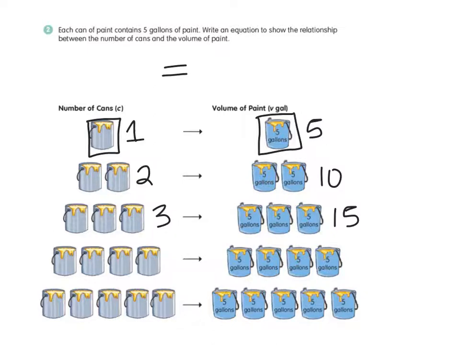If I want to write down an equation, remember equations have to have an equal sign. If I want to write down an equation for the number of cans and the volume of the paint, I'm not going to say that the number of cans is equal to the volume of the paint because 1 is not equal to 5. I'm going to have to add or multiply or subtract or divide or something in my equation. What kind of an equation can I write here that's going to relate some of these numbers together?